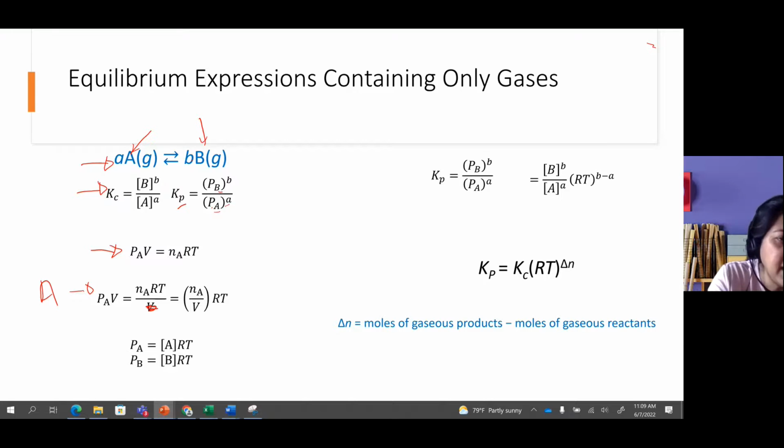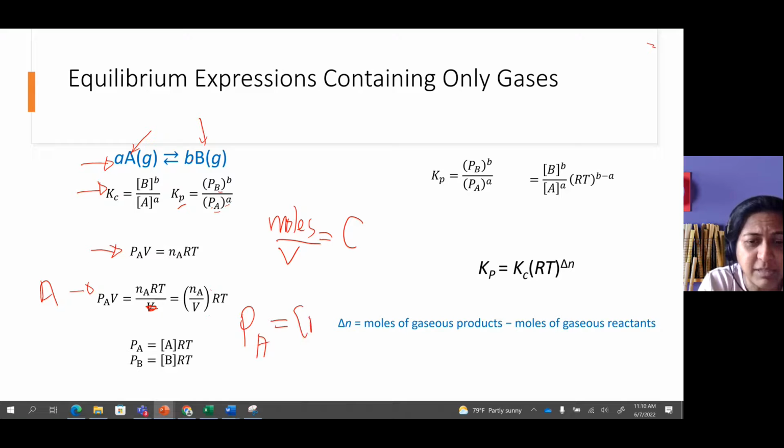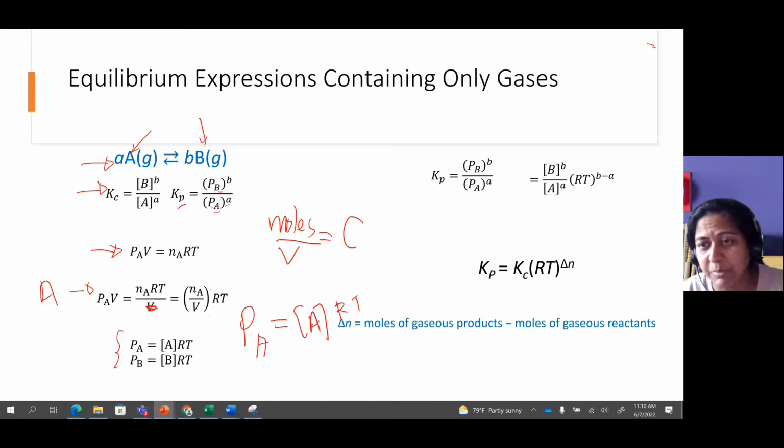Okay, so next, what do we do? Yes, then we can take the V to the other side and we get nA over V. What is n? It is moles. Moles divided by the volume equals the concentration. So PA equals the concentration multiplied by R and T. This is the relationship between the concentration and the pressure.